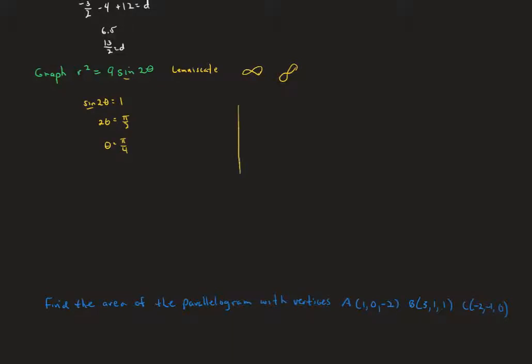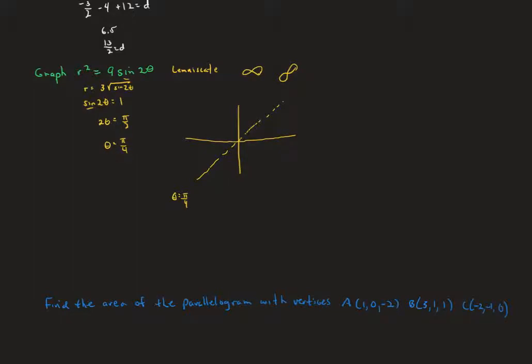So that's going to tell us that our Lemniscate, that propeller blade or figure 8, is going to be oriented along that angle theta equals pi over 4. And if we square root both sides, we'll get that r is 3 times the square root of sine of 2 theta.